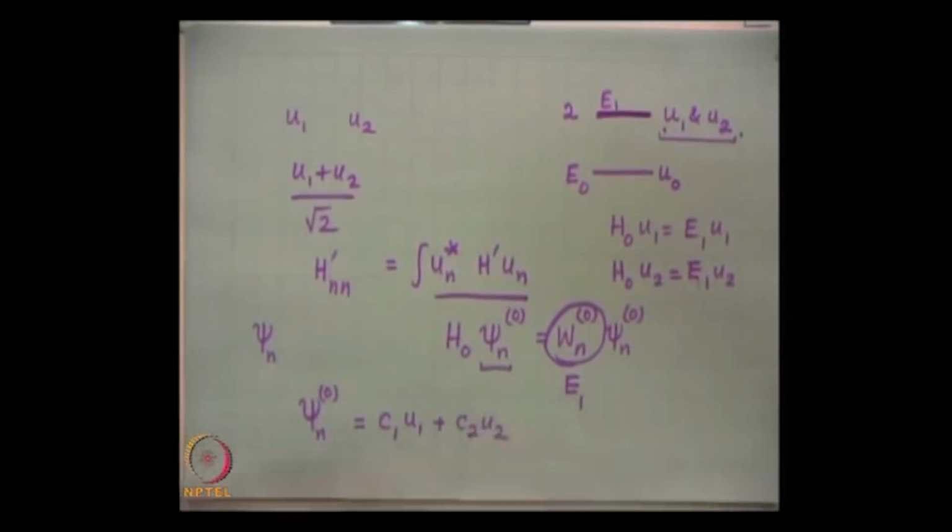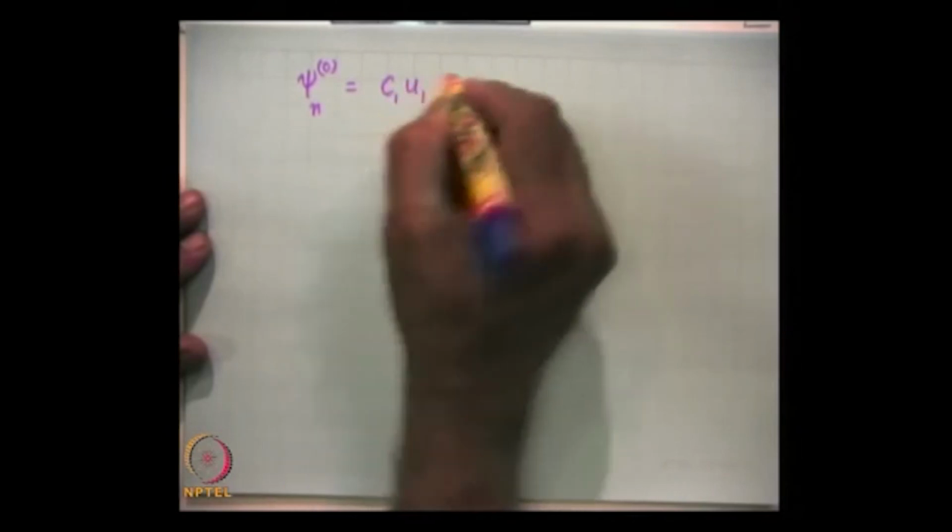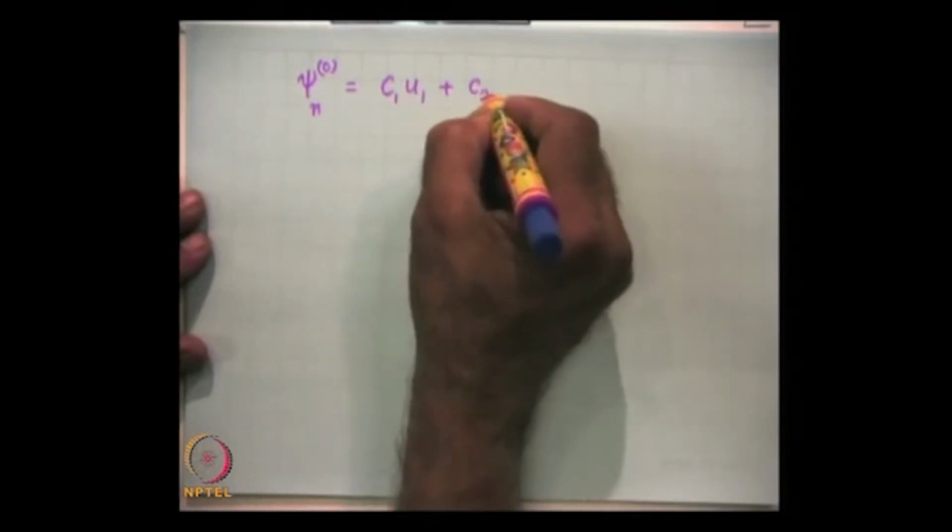We take any two functions which are orthonormal to each other, and we write psi n0 as a linear combination of that, and our objective is to determine the values of C1 and C2. So, we once again assume that psi n0 is equal to C1 U1 plus C2 U2.